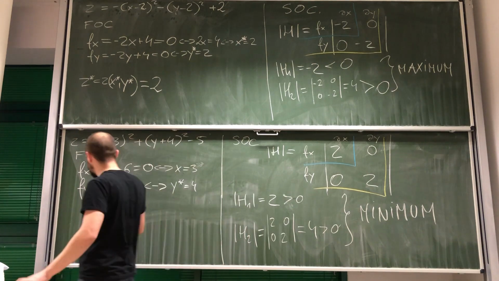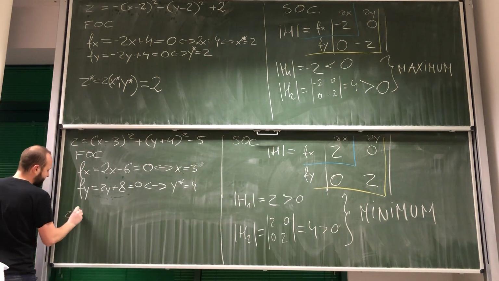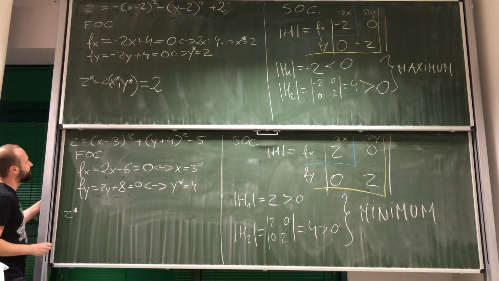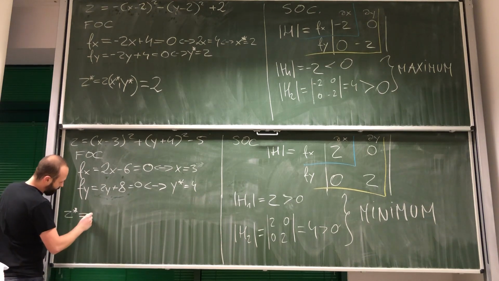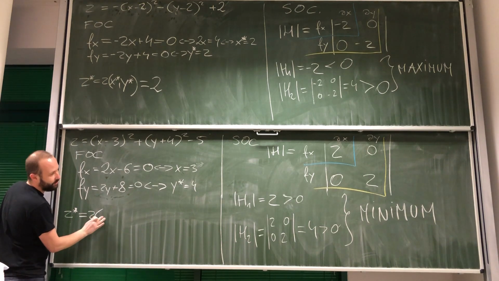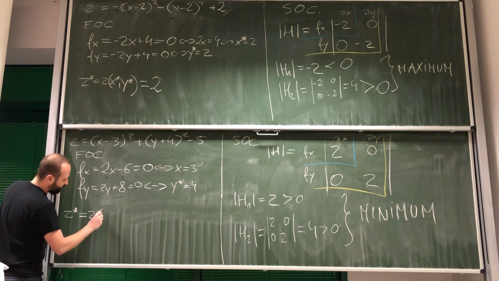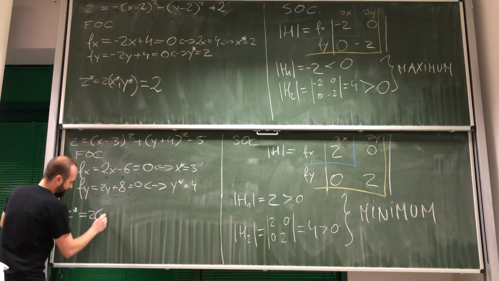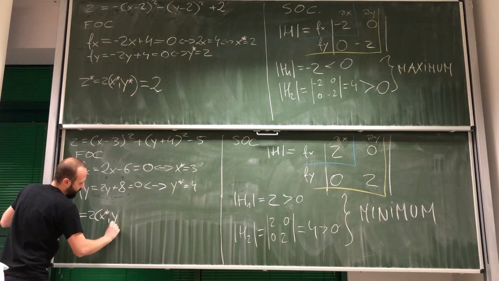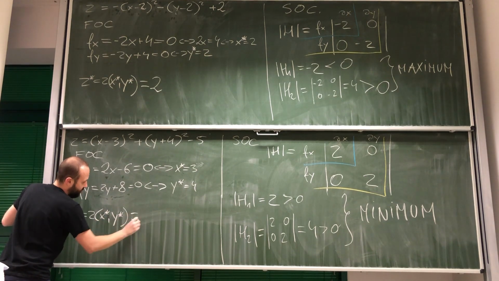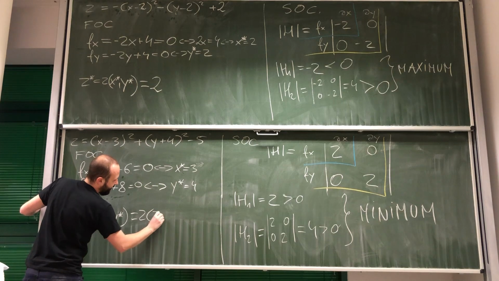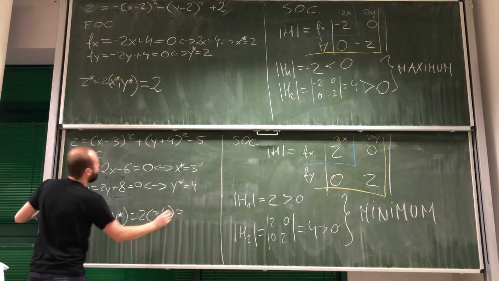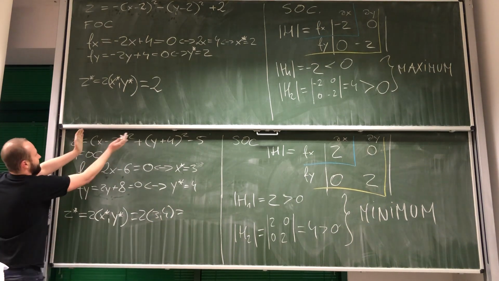Now, what is the optimal value of z, the minimum z can take? Well, we should place here the values we've obtained, x with asterisk, y with asterisk. So we have z of 3 and negative 4. If I put 3 here, this is 0.